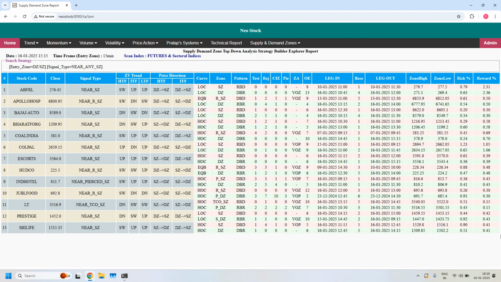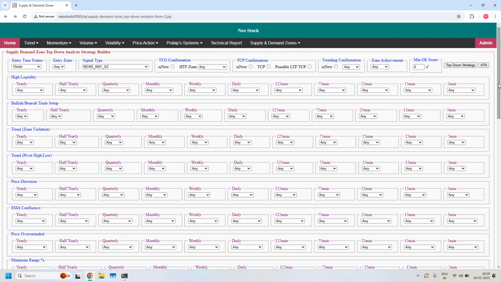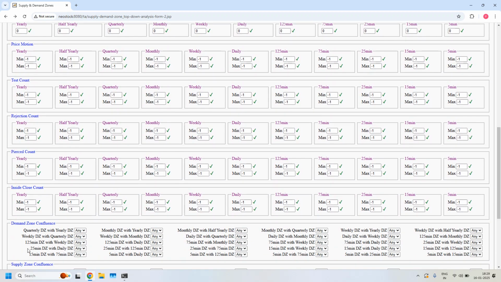Let's verify out of these 13, how many of these 15 minute supply zones are having ITF Confluence. That is 15 minute supply zone having confluence with 75 minute supply zone. Let us set that filter. I enable the filter. Sorry, this is a demand zone, right? Sorry for the mistake. Removing the filter. Filter is removed.